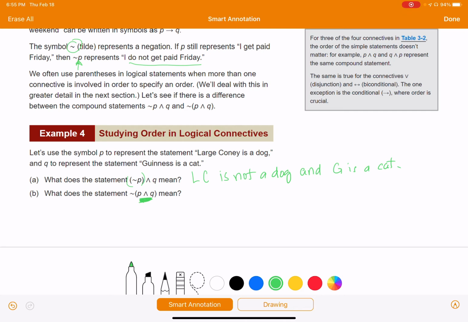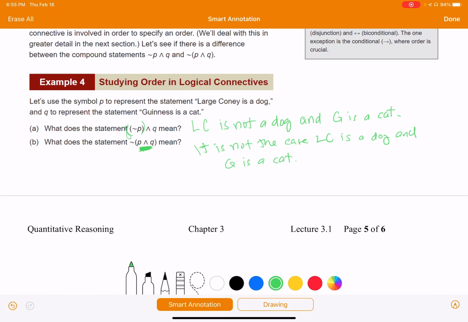We can say something like, it is not the case that Large Coney is a dog and Guinness is a cat, because we're looking at negating the whole sentence. Okay, so we negated that whole statement, whereas here we just negated that P.